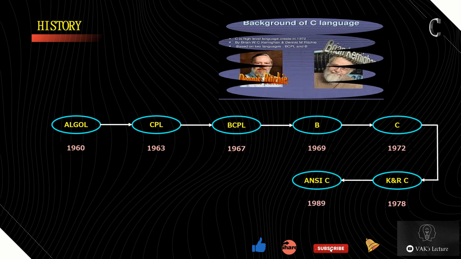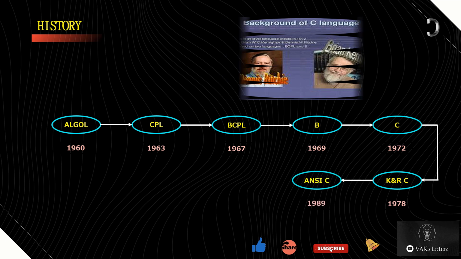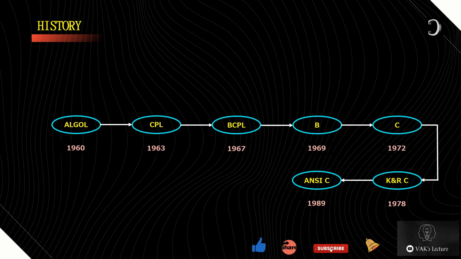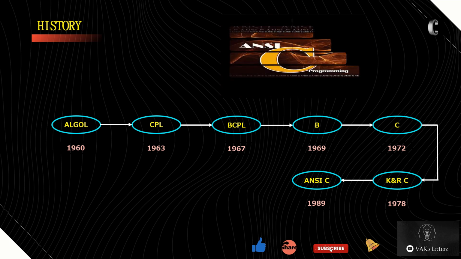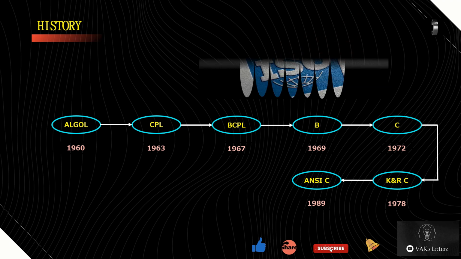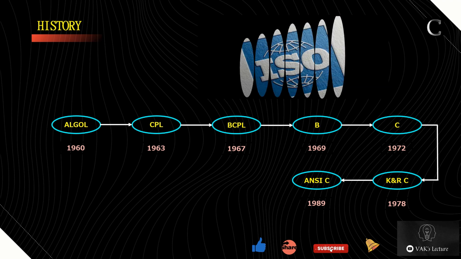That's why in 1989 they developed the commercial version of C. This is also called ANSI C. ANSI means American National Standards Institute, which was later approved by ISO, International Standards Organization, in 1990.